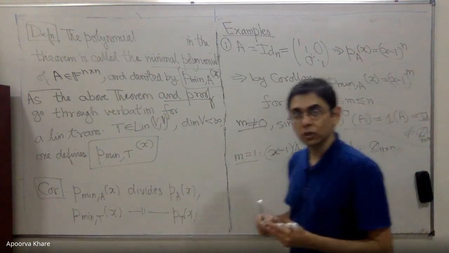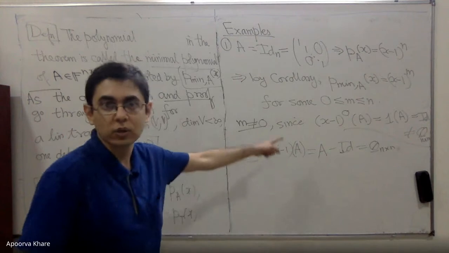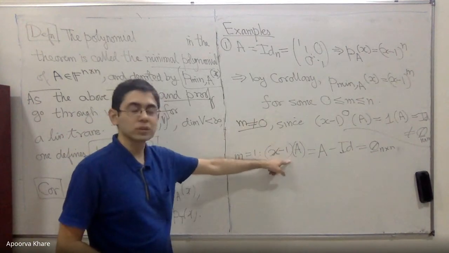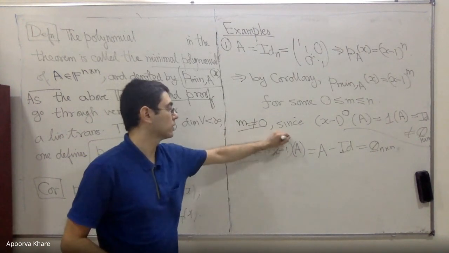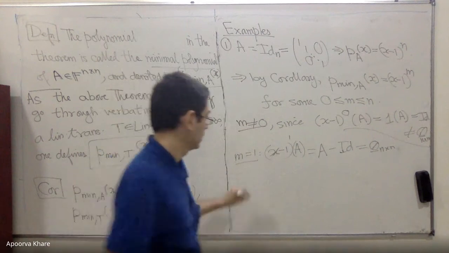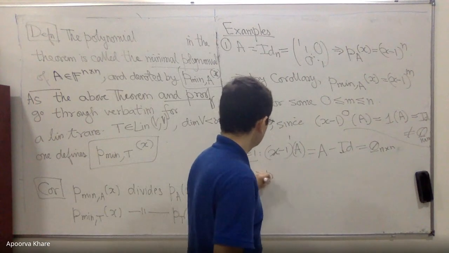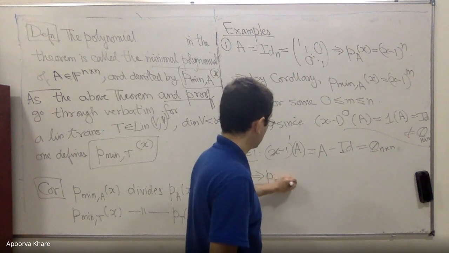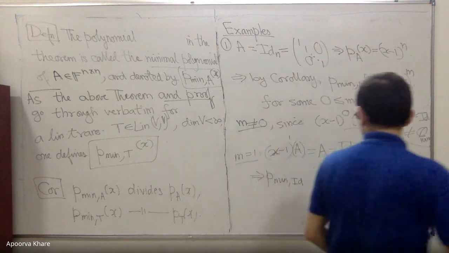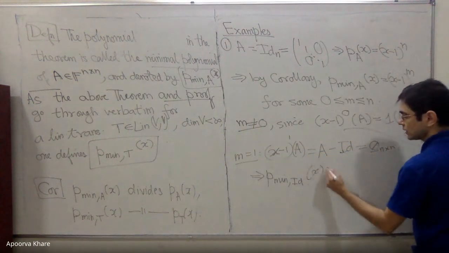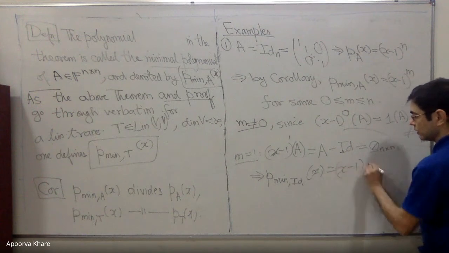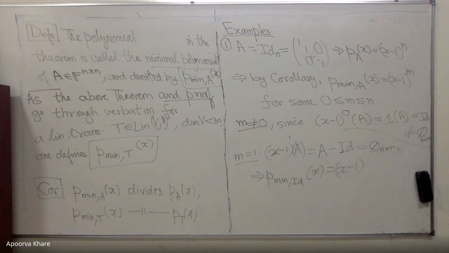The lowest degree monic polynomial: the 0 degree polynomial did not work. The next lowest degree polynomial is the first degree polynomial. So this is the minimal polynomial. This implies P min comma identity matrix of x equals x minus 1. Okay, so that is how you answer this question.